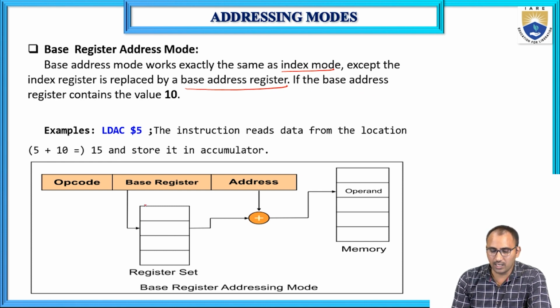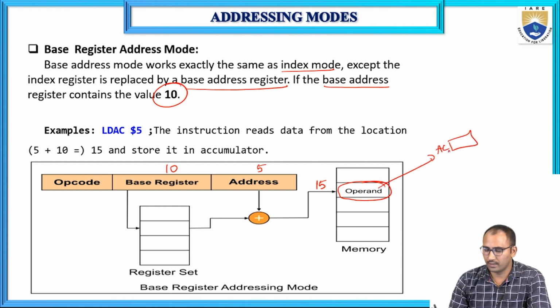If the base address register contains the value 10 and the address is 5, that makes 15. From the 15th location it will fetch the operand and copy it to the accumulator. So the instruction reads data from the location 5 plus 10, 15, and stores it in the accumulator. So this is the base register addressing mode.